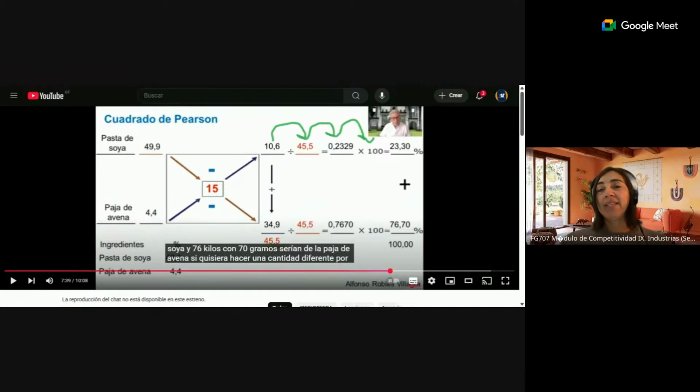That's why we got this number of 23.3. And it's the same thing. We got the 34.9 from the subtraction. We divide that by 45.5, and then we multiply that by 100, and we have that percent.